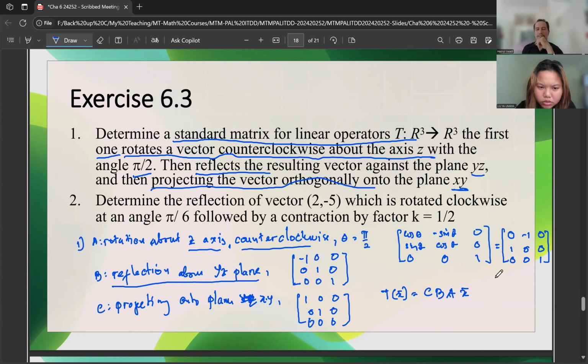Because we must do permutation first, after that reflection, after that projecting. So the result will be the operation of three matrices: 1, 0, 0, 0, 1, 0, 0, 0, 0, because C is here.